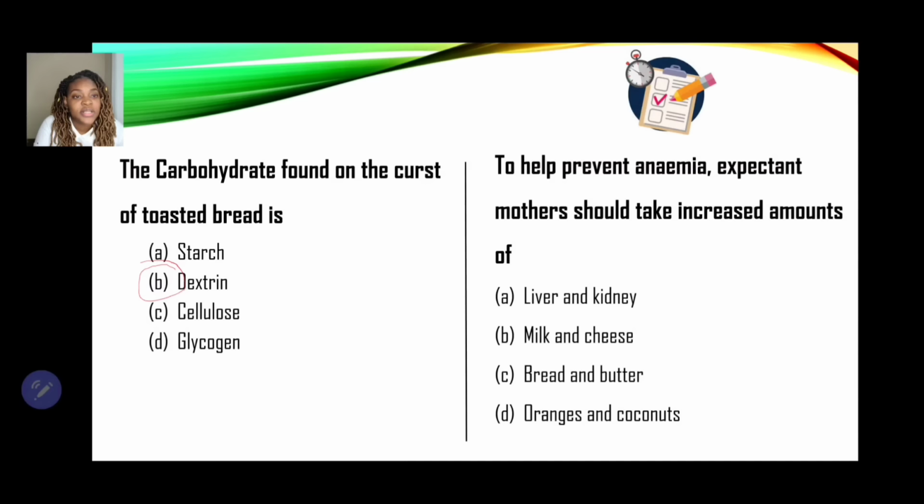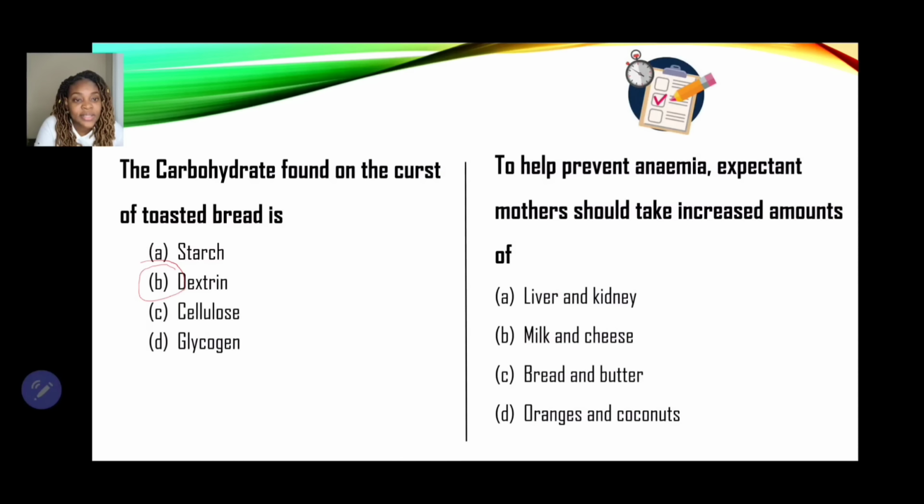Next question. To help prevent anemia, expectant mothers should take an increased amount of... So anemia is associated with a lack of iron in the body, then persons become anemic, as well as when there is a lack of vitamin C, because we know that the two work together to absorb iron.